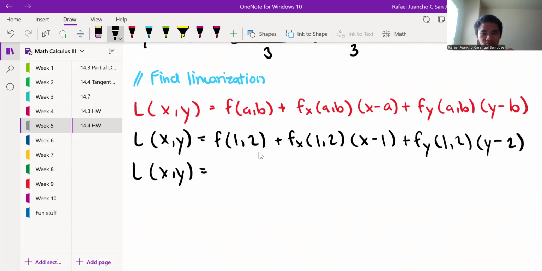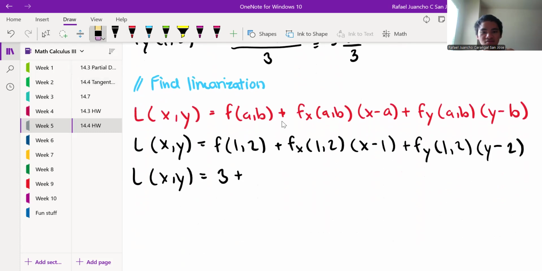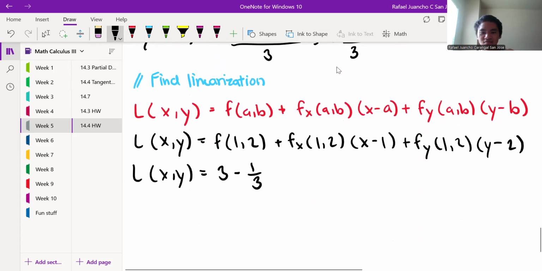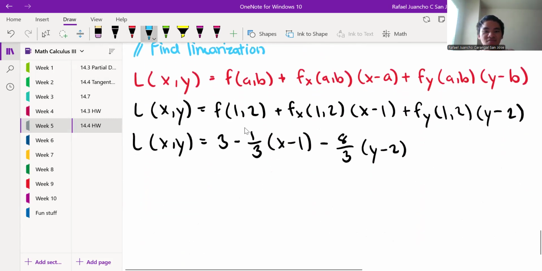Well, this is, again, 3. f sub x is negative 1/3, my bad. So negative 1/3 of x minus 1 minus 8/3 of y minus 2, because that's my f sub y. And that's my linearization. And then from there, I find my linear approximation.